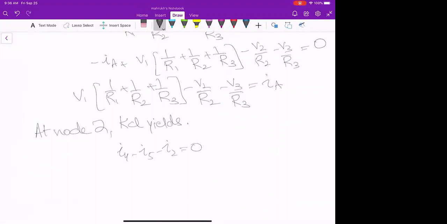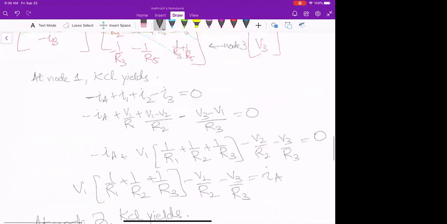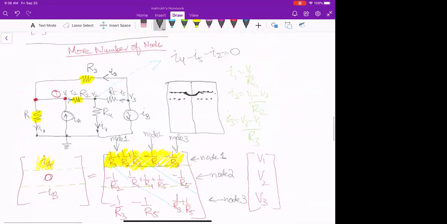Then I need to define these currents too. Let's see, I4 is what? V2 over R2. I2 I have already defined. I need to define I5.